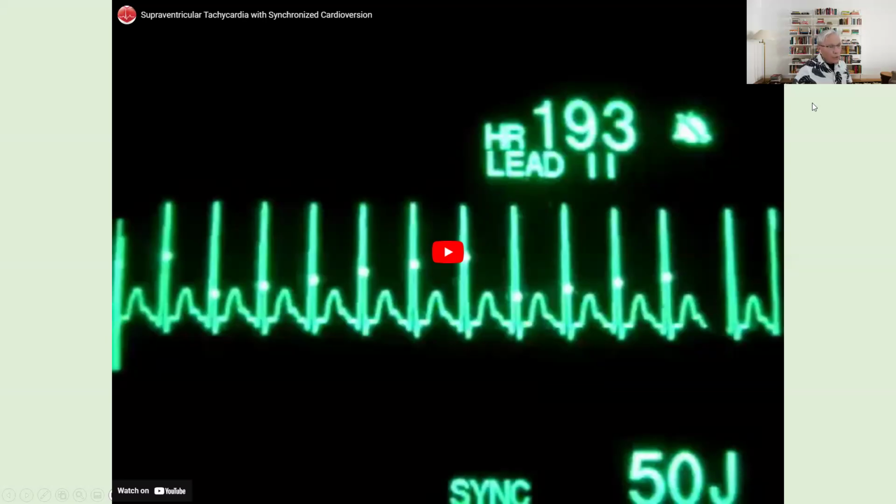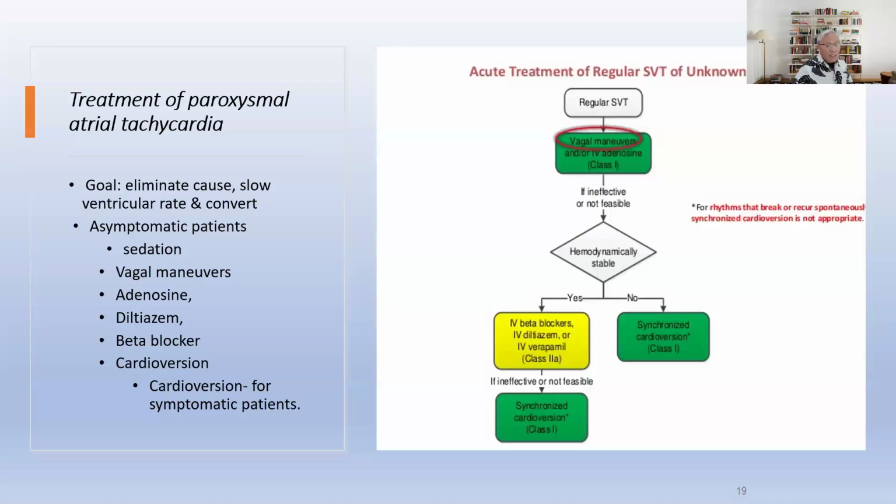And if you do, then you just go ahead and push the button to deliver the electrical current. Is this the right spot? And the answer to that is yes, because as we said, it should be delivered at the downslope of the R wave. Okay? So in cardioversion, this is going to be synchronized.